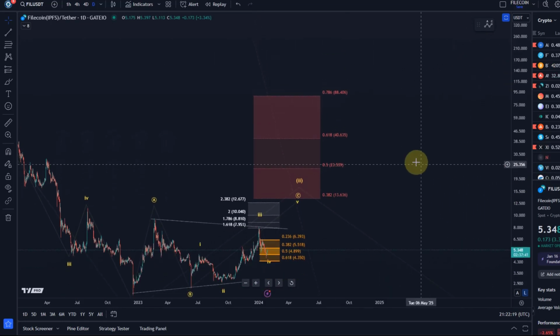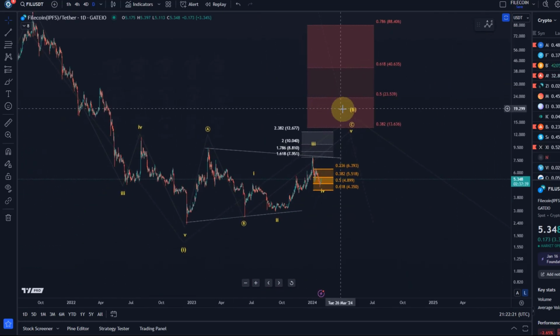So we just need to watch, should we ever get into this region, and this chart looks so weak, but should we ever get into this resistance region, then these are the fib levels to watch. $13.63, $23.54, $40.63 next. There's plenty of resistance in the way. The price itself hasn't really done much.